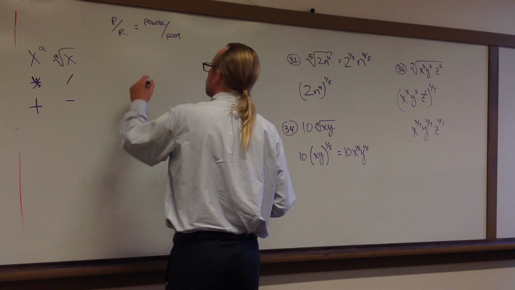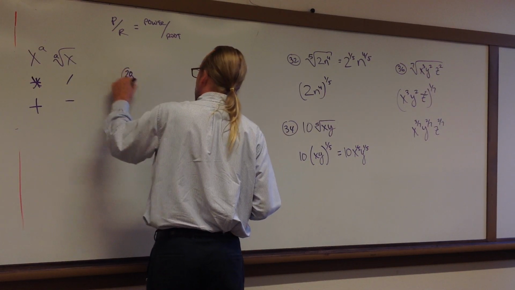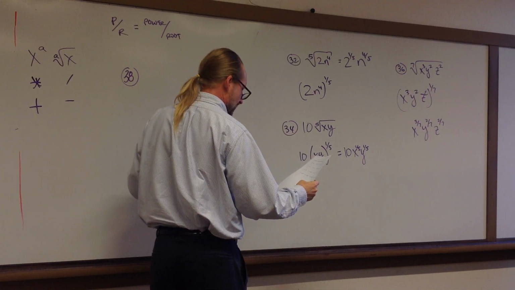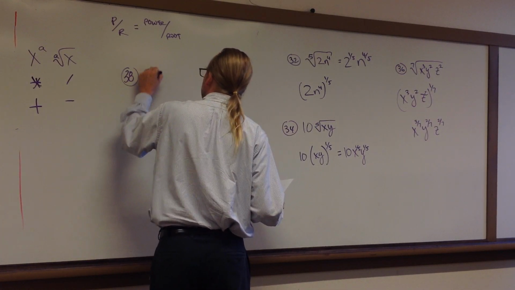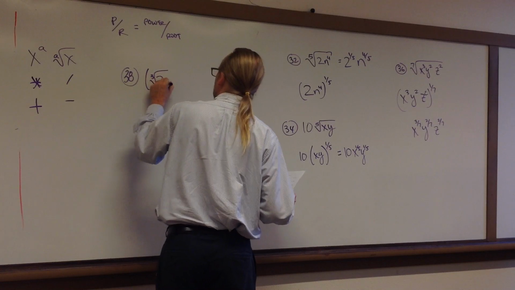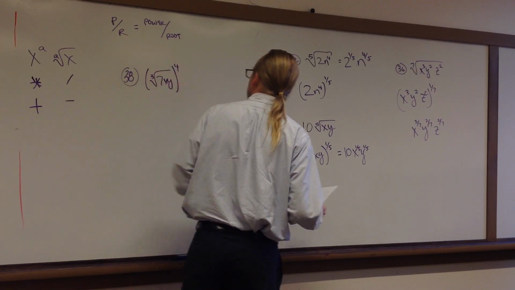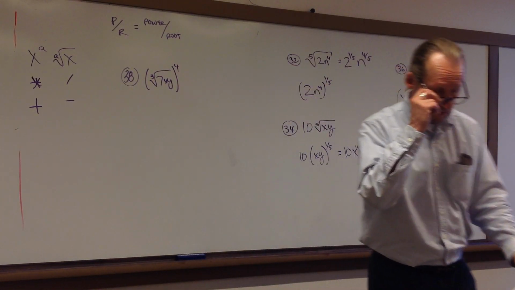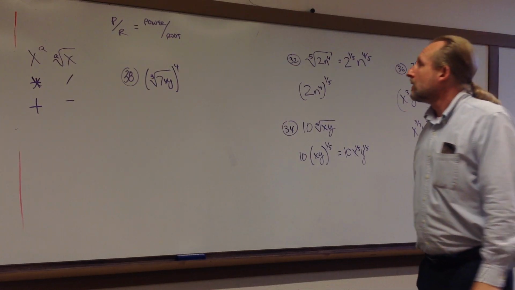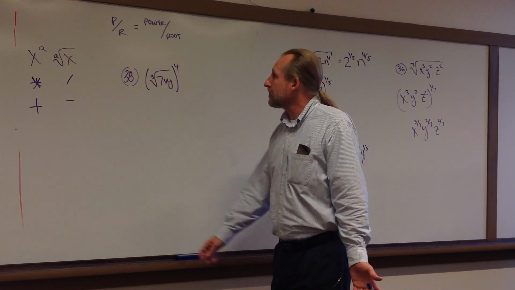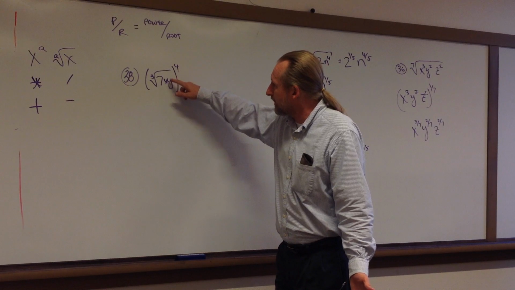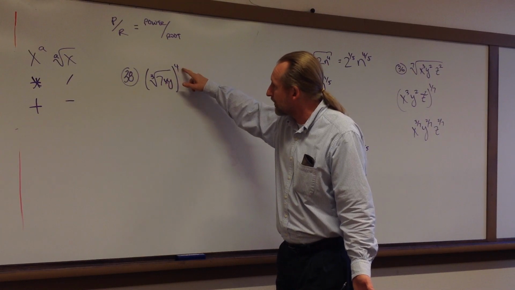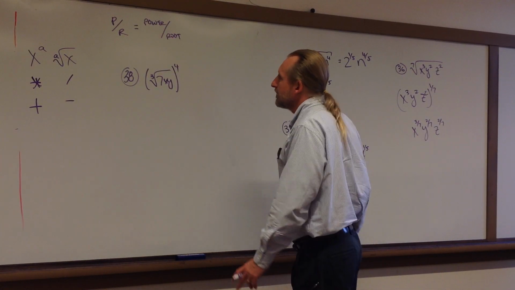All right, problem 38. Let's see here, what do we start with? The cube root of 7xy, and that's going to get raised to the 4th power. Okay, so remember when we were doing those problems on the first page that this exponent can go inside the root symbol or it can go outside, but that's going to be the power.